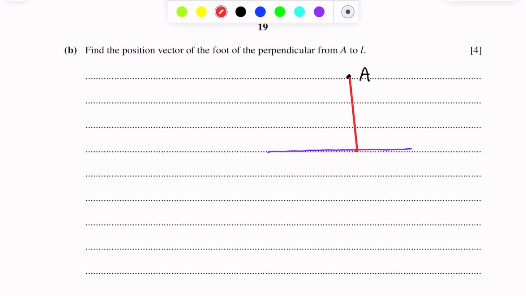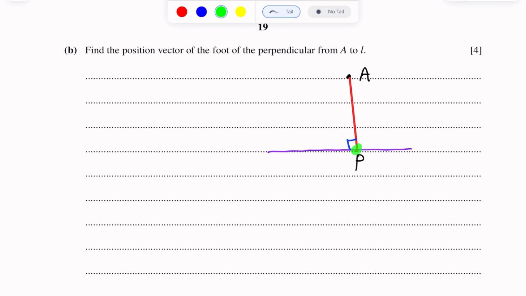Now this point on the line is called the foot of perpendicular. Let this point be P. Now AP as a whole is a perpendicular. AP is perpendicular to this line.